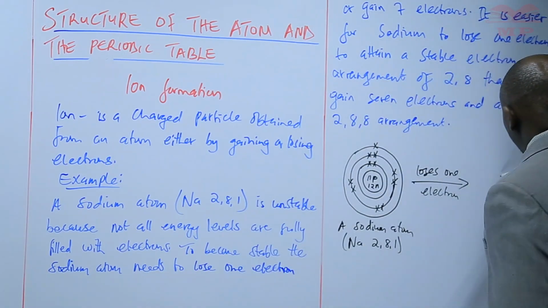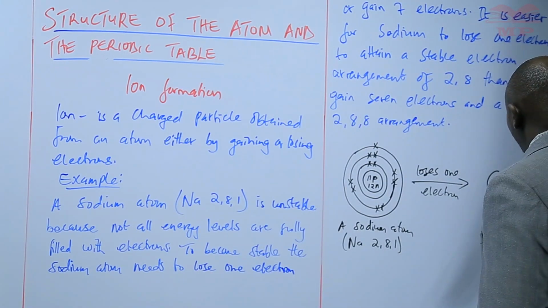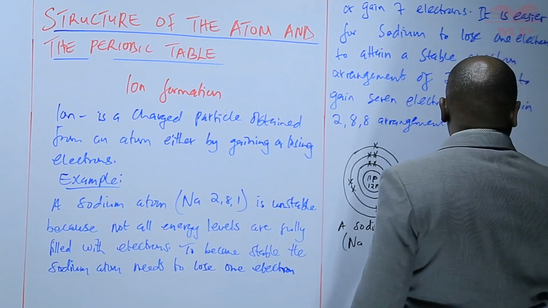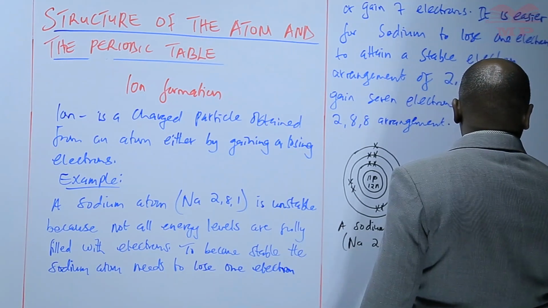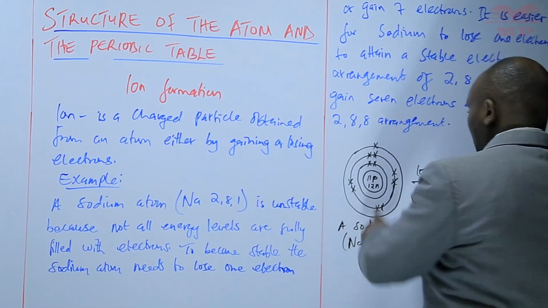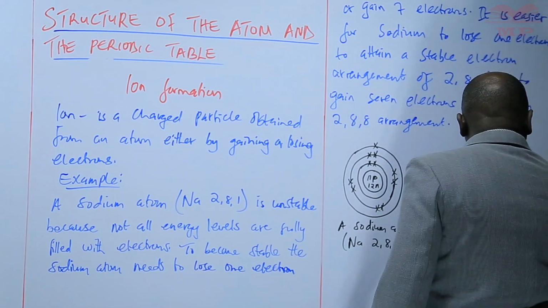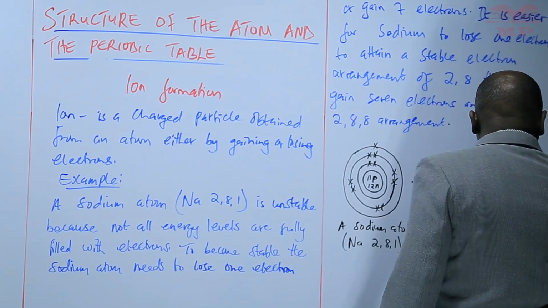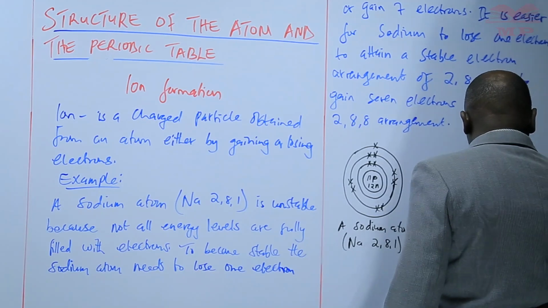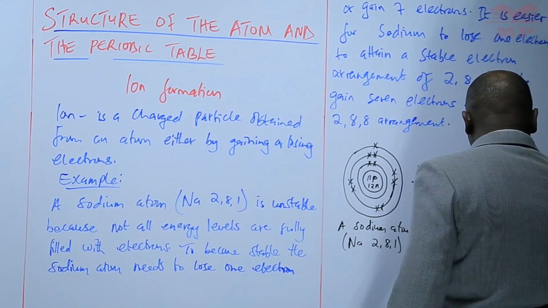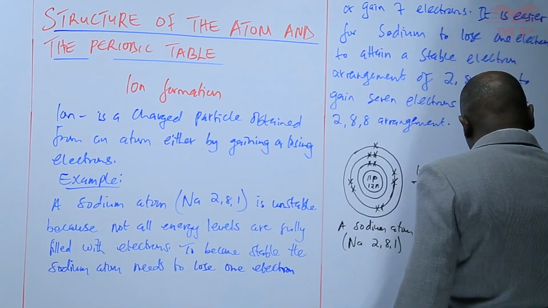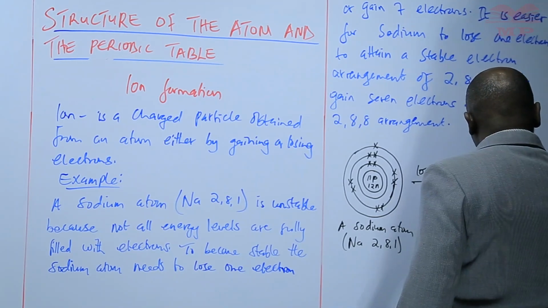So once it loses the one electron, the protons and the neutrons are not affected. They remain as they are in the nucleus. What changes is the number of electrons. Also, the first energy level is not affected, so it remains 2 as before. The second energy level is also not affected.